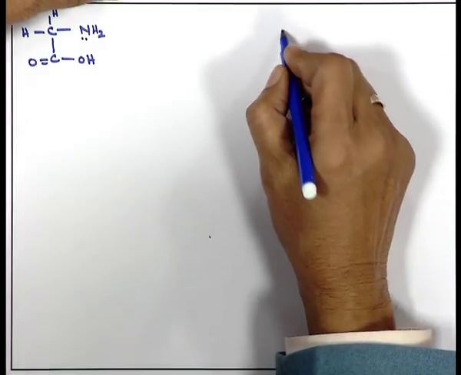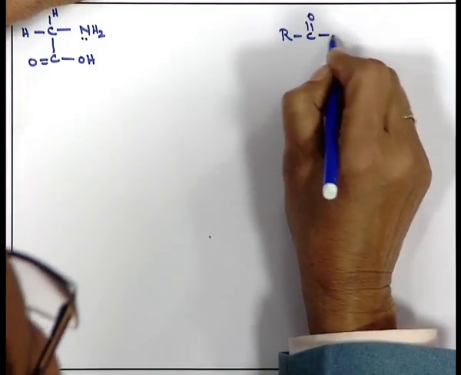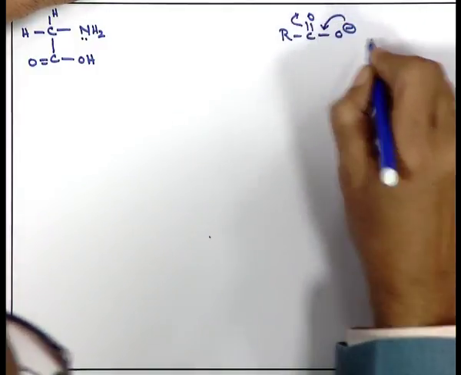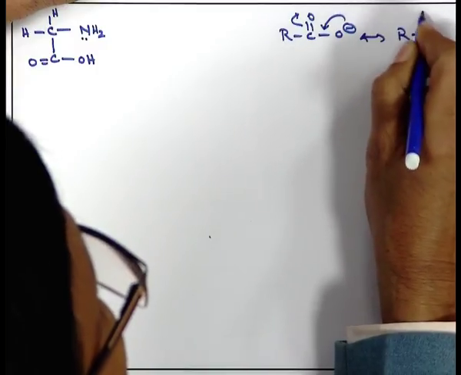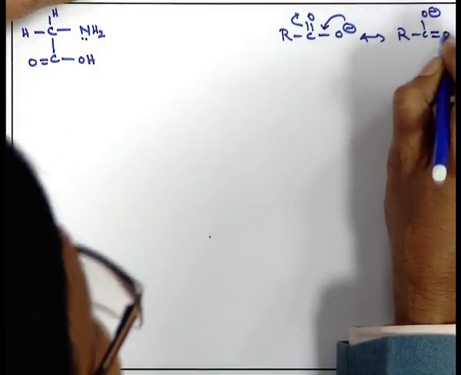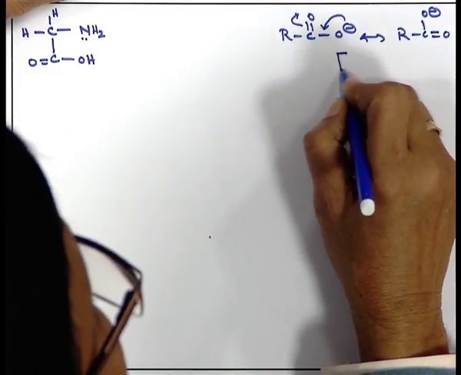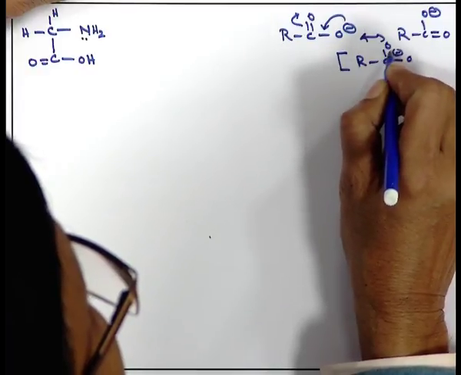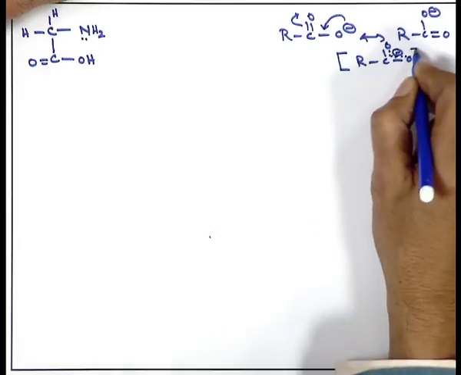Why? Because if it loses a proton, the remaining part, that is COO minus, the conjugate base, gets stabilized by resonance, and one of the interesting features of that resonance is that we get a symmetrical resonating structure. This is the carboxylate ion which can resonate and give the resonating structure like this. So, the resonance hybrid should be written in a way that the negative charge is delocalized over the whole region.